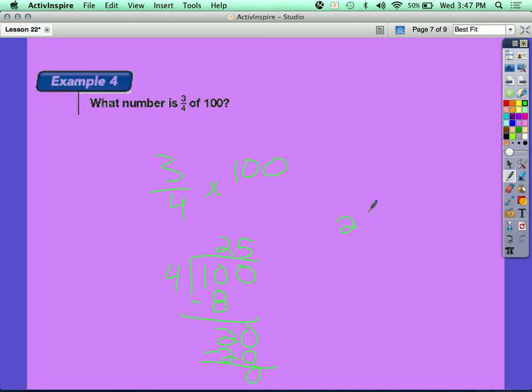Okay, and then multiply by the top, I get 75. No label needed because it's just asking what number. Okay? So remember, if at all possible, try to divide first, because it's easier to divide first, get smaller numbers, and then multiply. Okay? We like working with smaller numbers. That's a good thing. So divide by the bottom, multiply by the top.